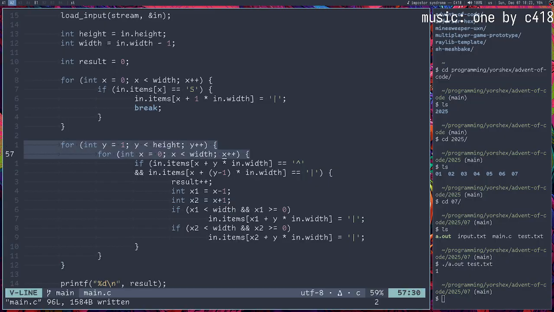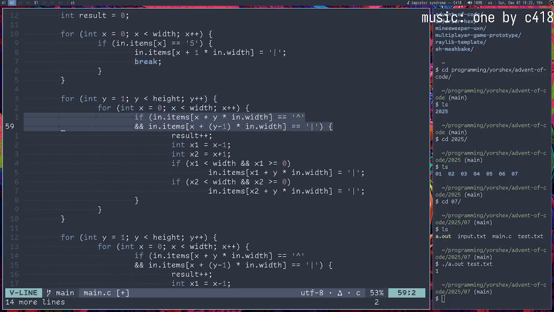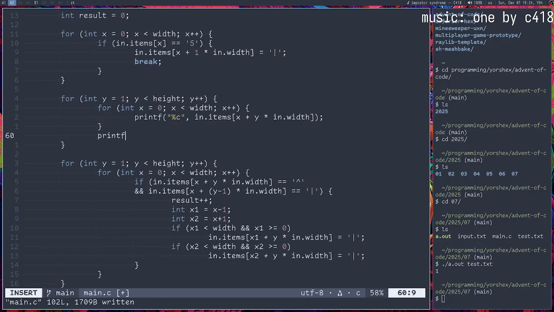Actually, I kind of wanna print what it sees. I mean printf, just printf without fprintf. I have a nasty habit to always write fprintf for no reason. And here we print a new line.